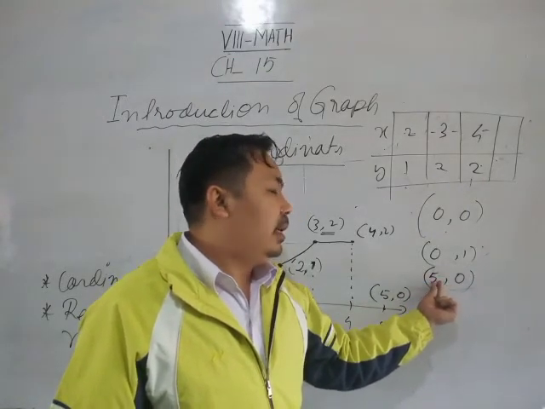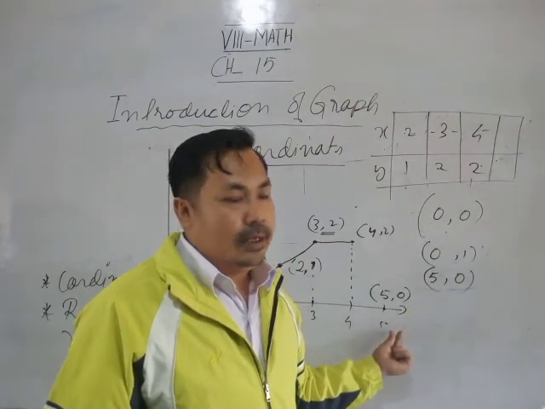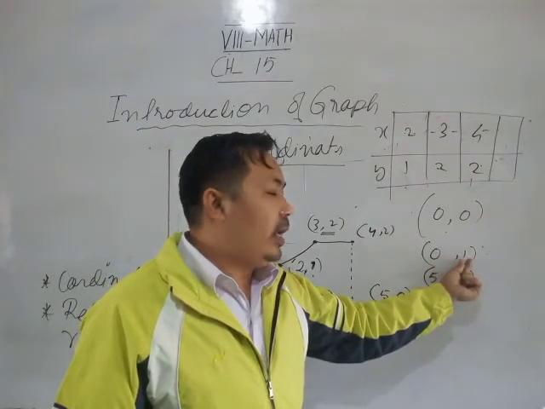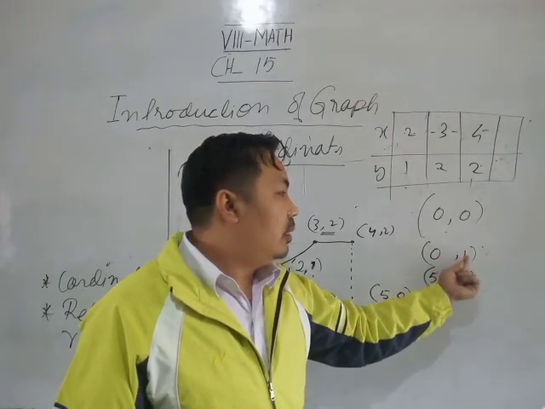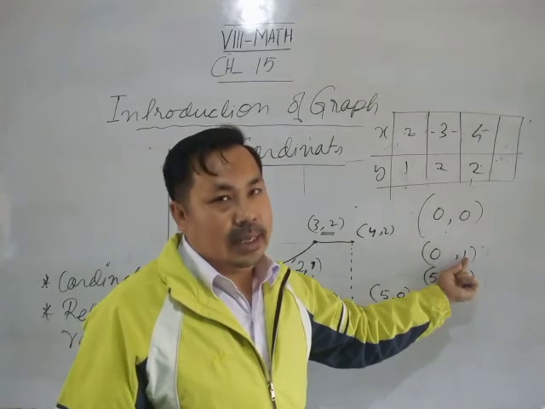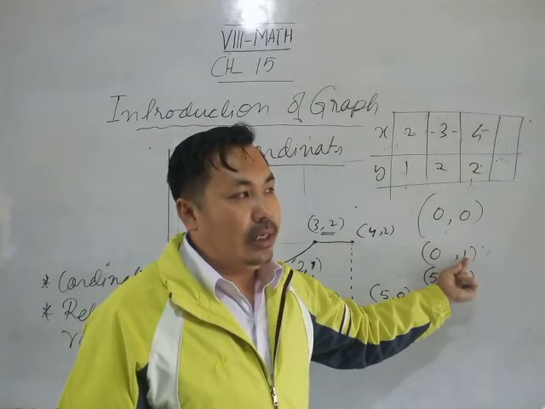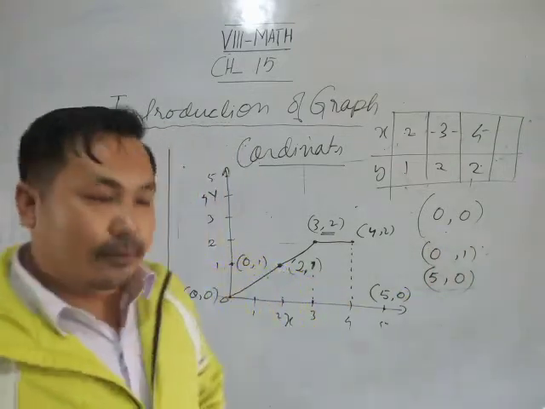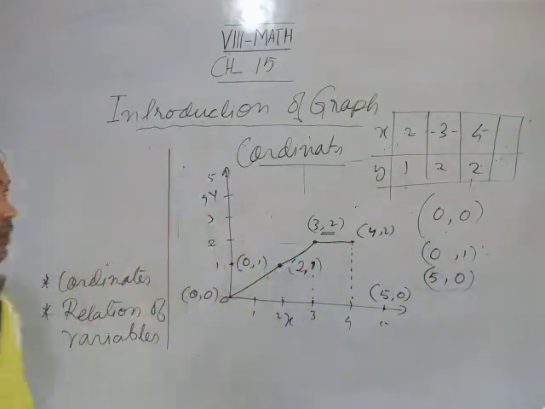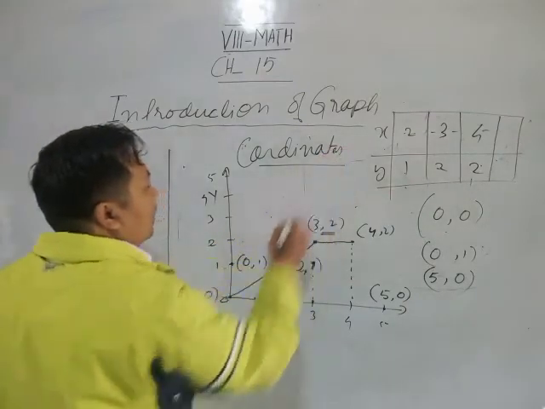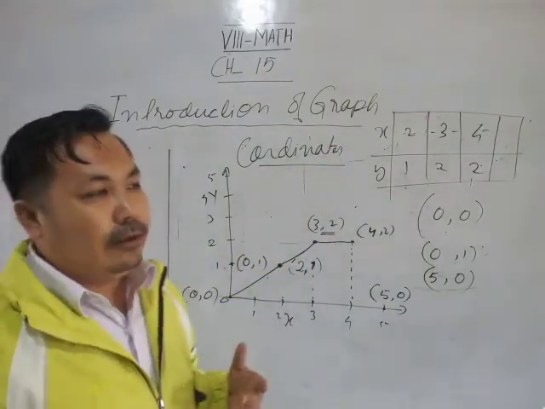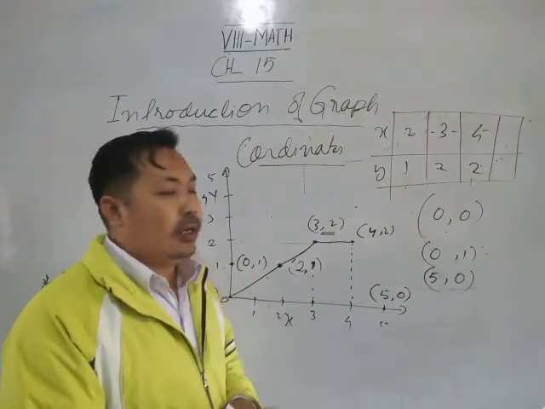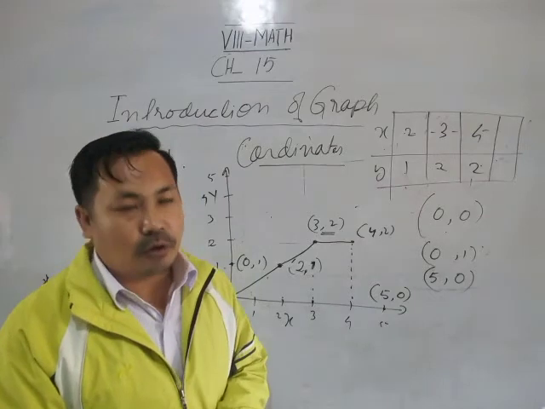The number is 5 here, it is for x, so this coordinate will be on the x-axis. Here the number is for y, the other is 0, so the coordinate will be lying on the y-axis. That logic we have to get. Okay, so these are called coordinates. If you have any doubt on this coordinate, you can just ask.